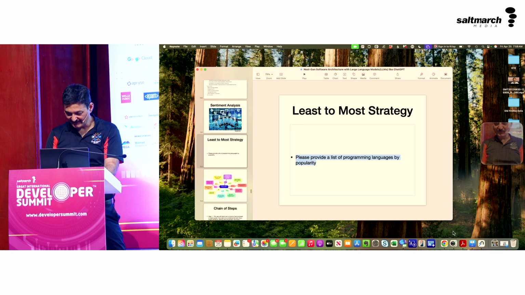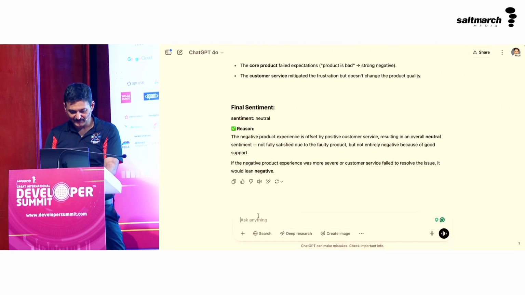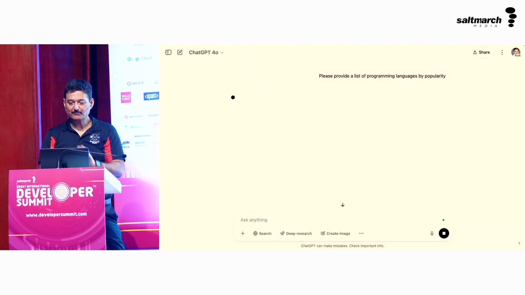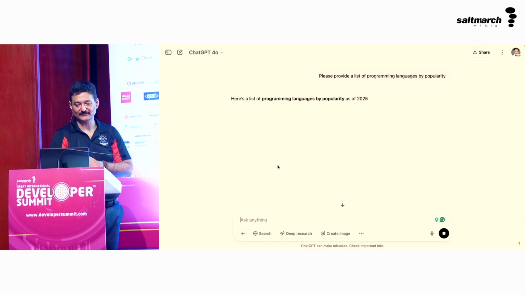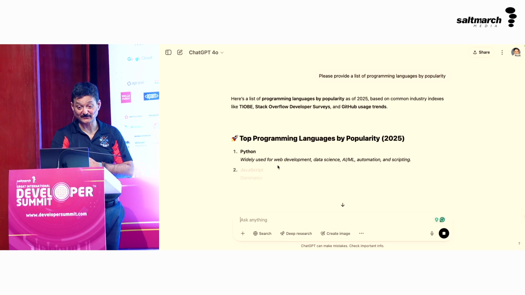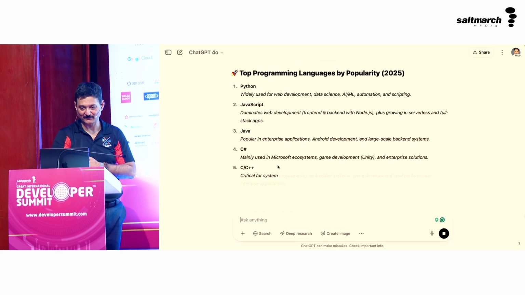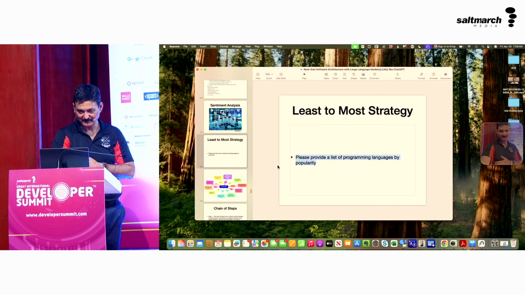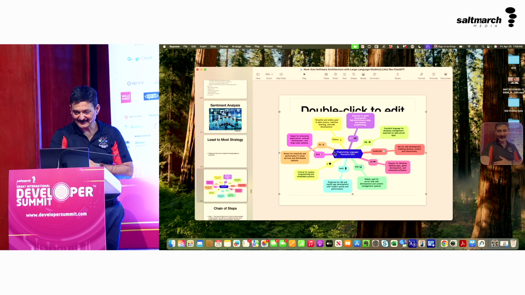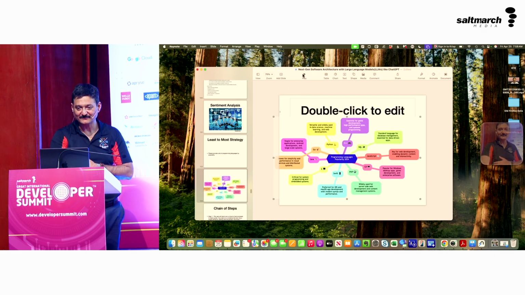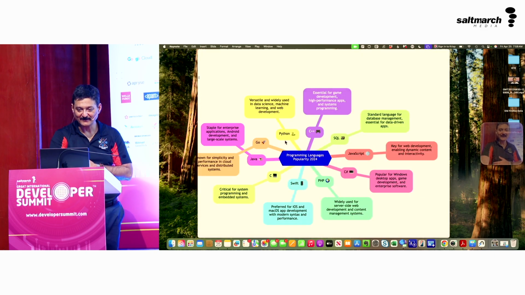So what we are trying to do is get the probability, as in a search in 2025. Now it's able to get Python, then JavaScript, Java. Okay, good. That is predictable now. Can I create a diagram like this after that? Yeah, you can create a diagram like this.